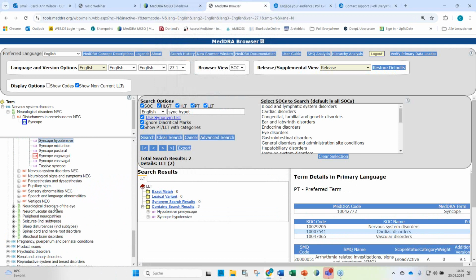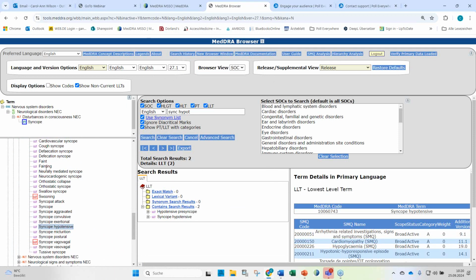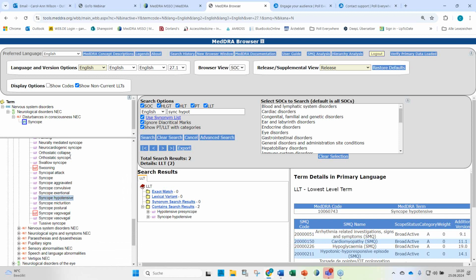Here we are, syncope. So we have quite a number of LLTs underneath this PT here: cardiovascular syncope, cardiac syncope, fainting, orthostatic syncope, exertional syncope, postural.